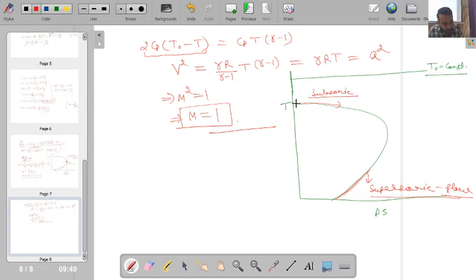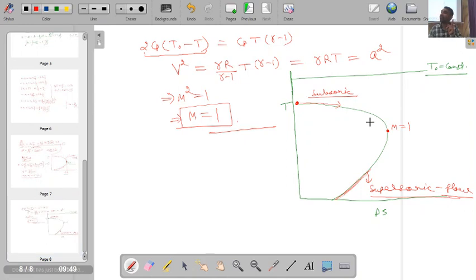Now, if you start at this point on the subsonic branch, you will find that the entropy of the flow keeps on increasing, and it reaches a maximum value when the Mach number is 1. So this is the limiting situation.